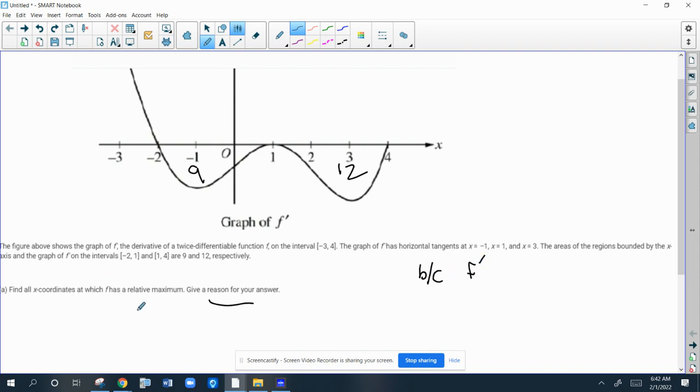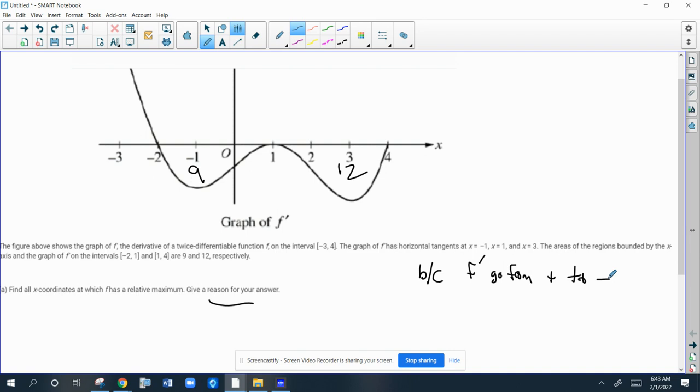So for f to have a relative maximum, its derivative must go from positive to negative. In other words, that would make the function go from increasing to decreasing, but you don't want to use that reasoning on an AP exam.